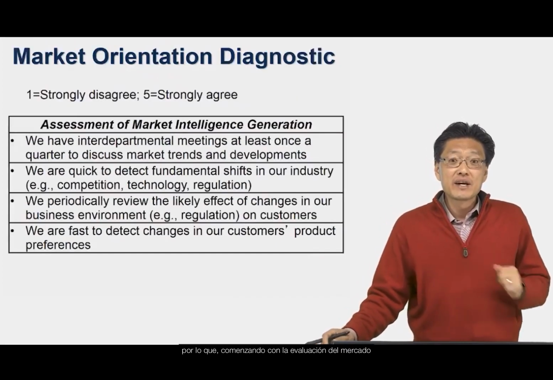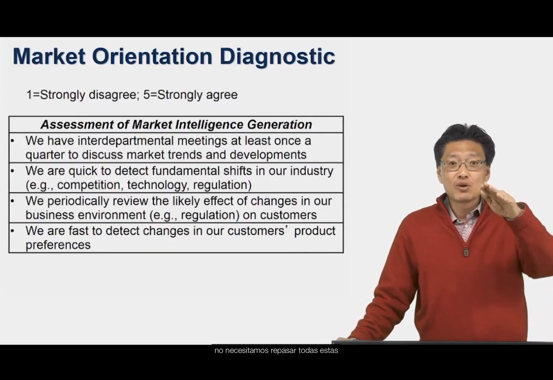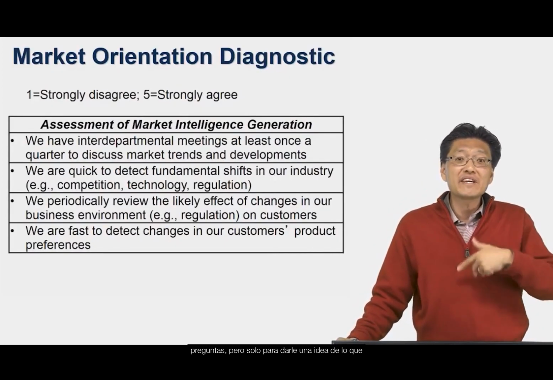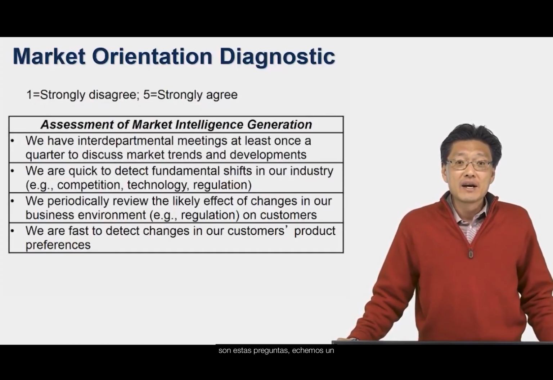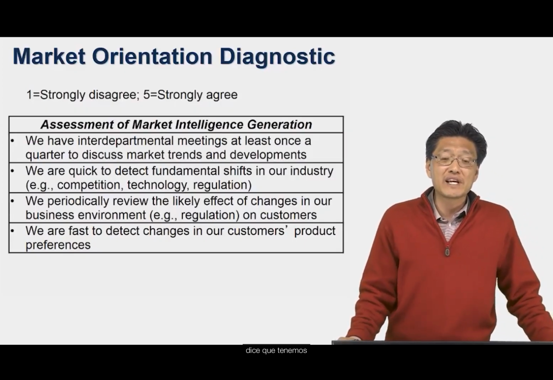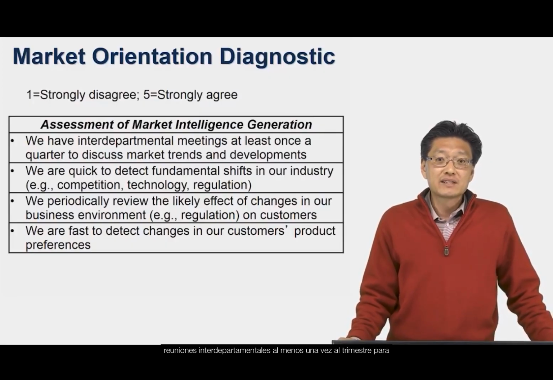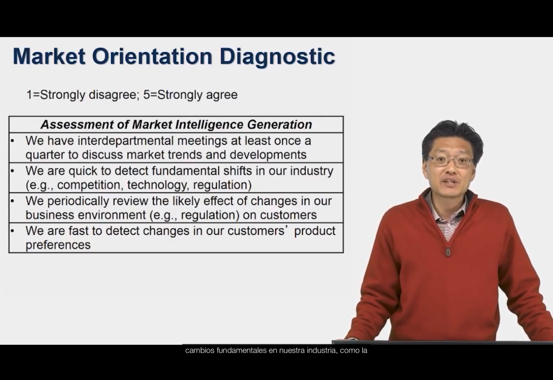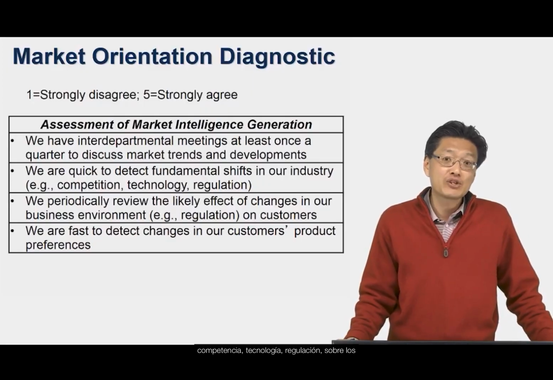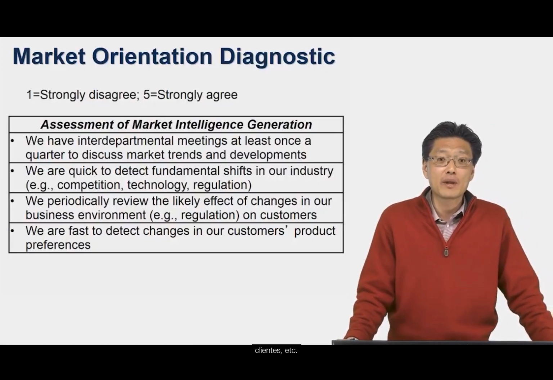Starting with assessment of market intelligence generation, we don't need to go over all of these questions, but just to give you a feel of what some of these items are about, let's take a look at the first one. It reads, we have interdepartmental meetings at least once a quarter to discuss market trends and developments. Or, we are quick to detect fundamental shifts in our industry, such as competition, technology, regulation, about customers, and so forth.